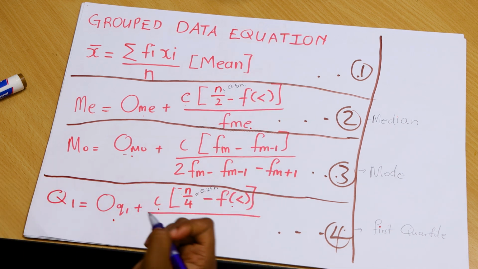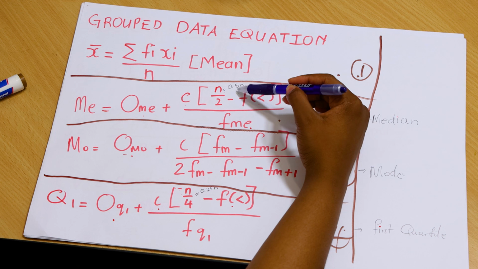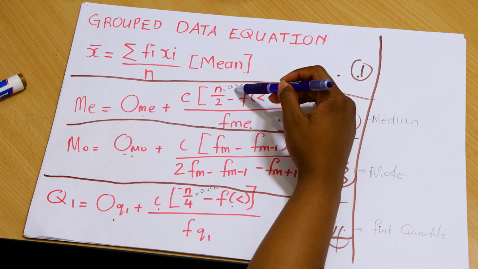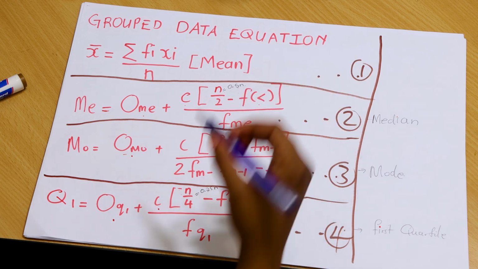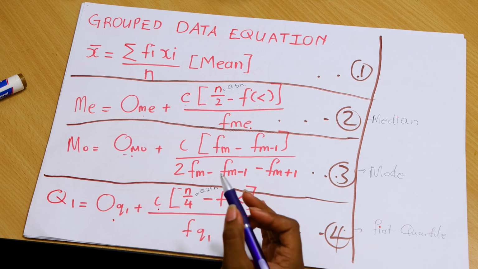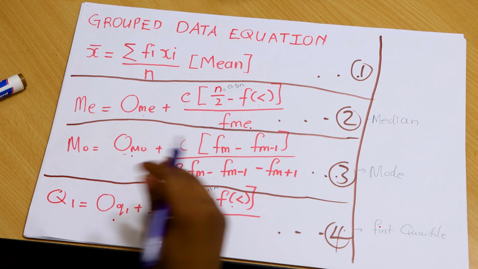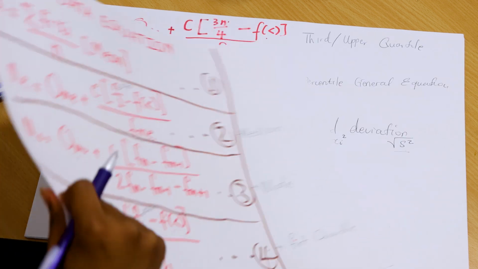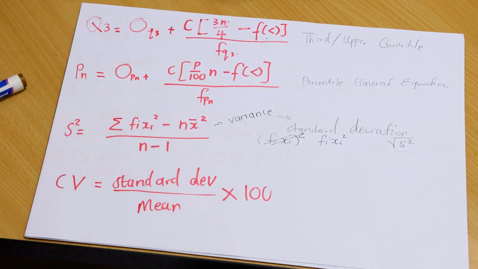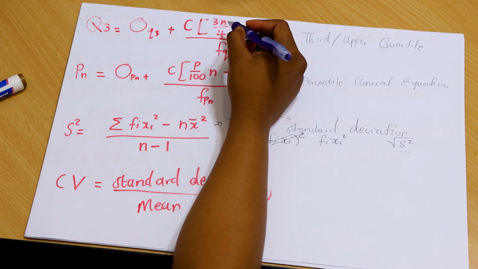Now we can see the pattern that for the 50th percentile, which is known as the median, it's 0.5n. Then for the first quartile, which is also the 25th percentile, it's 0.25n. And lastly, for the third quartile, this is the 75th percentile.